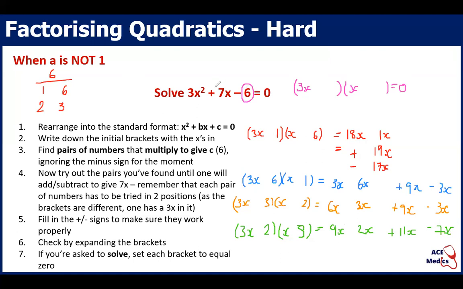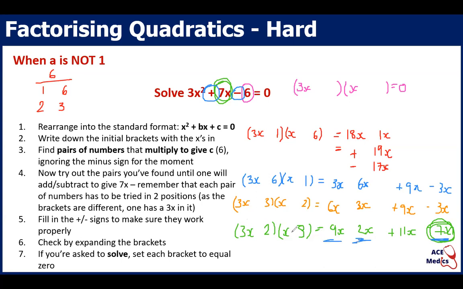So we were trying to look for which one gives us the 7x, which is this one. So we know we're going to have 3x something 2, and x something 3. We just need to make sure that we're going to have a positive 7x and a negative 3x. So we can just put our symbols in, really. If we want to get 7x, we know we need to do 9 take away 2, don't we?